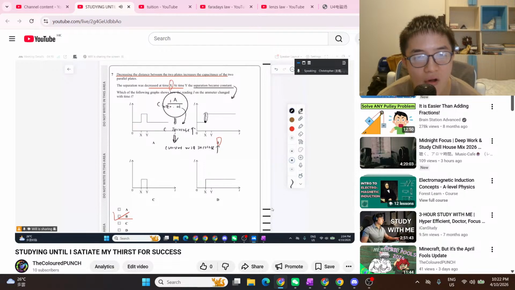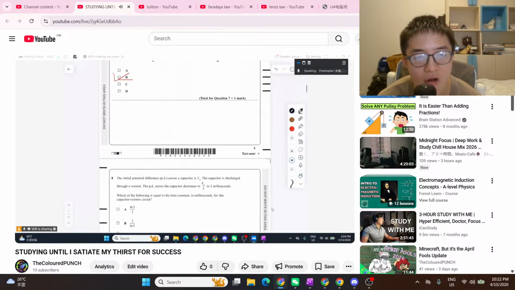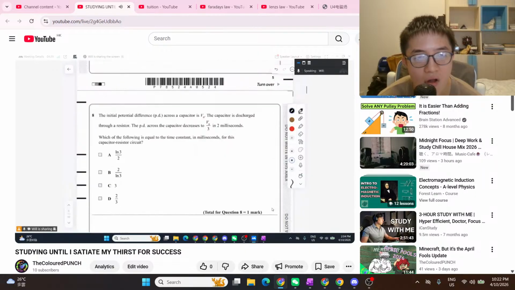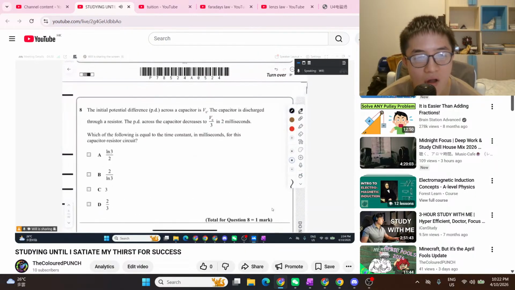Okay, and the next topic is number 8, right? So you choose what? I didn't know how to do it. Okay, look at it. The initial potential difference, we call it V zero, right? And the capacitor is discharged.